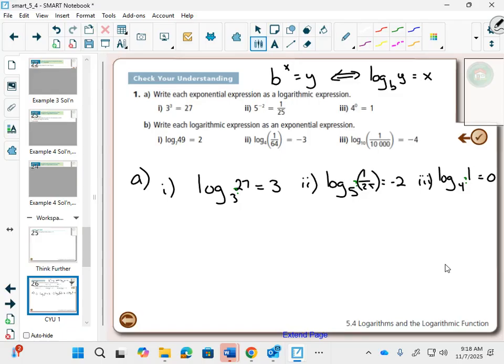Here, I'll give you a quick mental math. Tell me what that's equal to. 1. Because you're thinking, what would the exponent be? So 5 to an exponent is equal to 5? It'd have to equal 1.